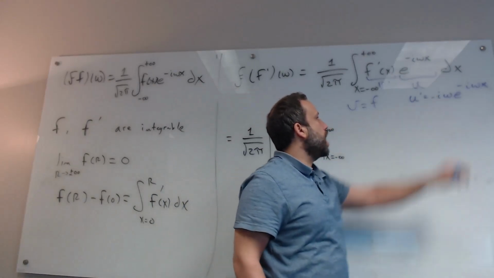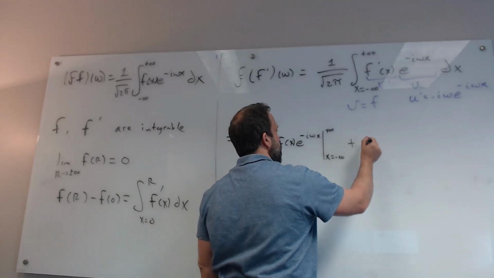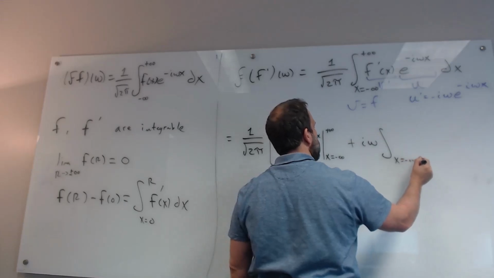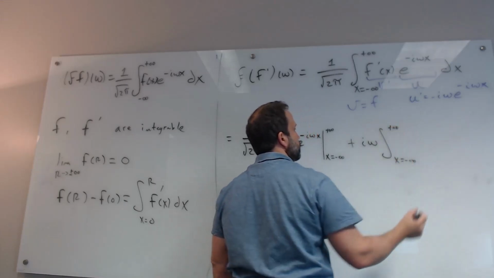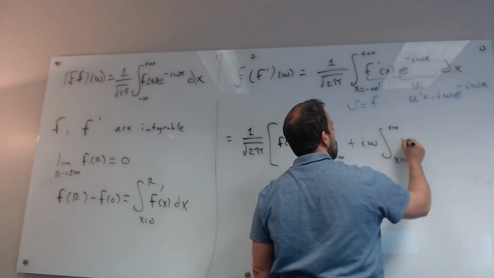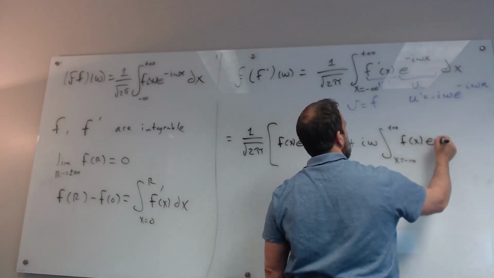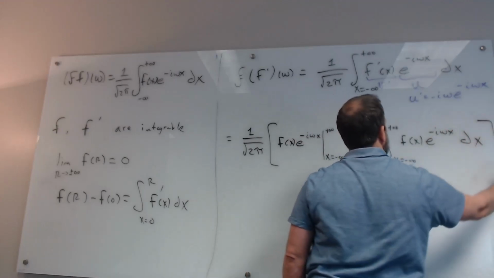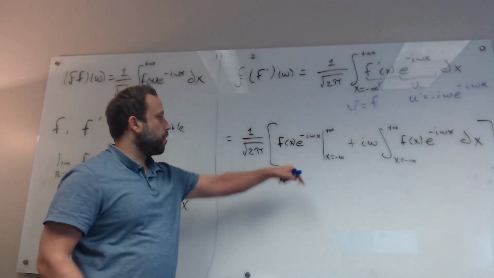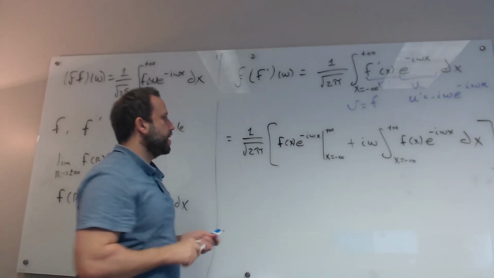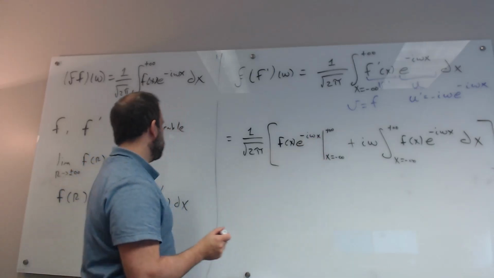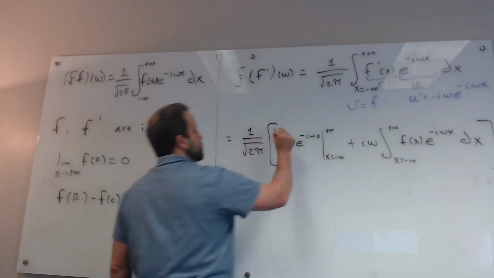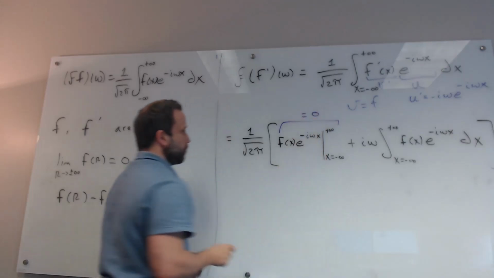Now u prime is minus i omega e to the minus i omega x, so the minus cancels, and it's going to be plus i omega times the integral from x equals minus infinity to positive infinity of f of x e to the minus i omega x dx. Now this part right here, the boundary terms, f of x times e to the minus i omega x going from minus infinity to positive infinity, by this fact about the limit, is equal to 0.